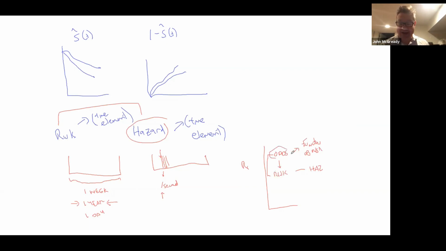In fact, the odds and the odds ratio are, in terms of clarity, second tier to risk and risk ratio.